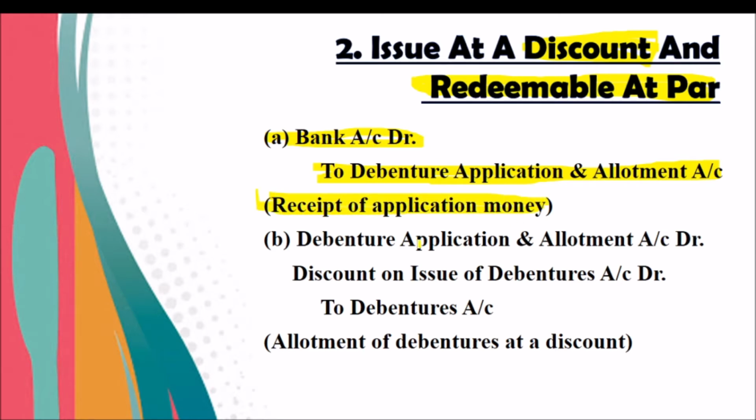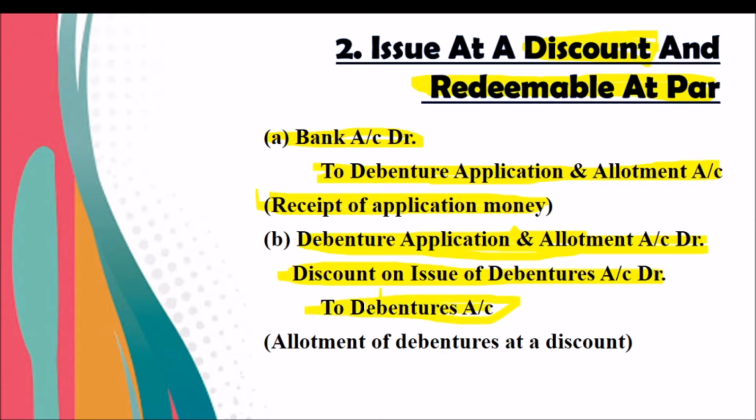And the second entry will include discount on issue of debenture account. We have to open that account to adjust the amount. The discount amount will be adjusted to the discount on issue of debenture. So the journal entry will be debenture application and allotment account debit, discount on issue of debenture account debit, to debentures.